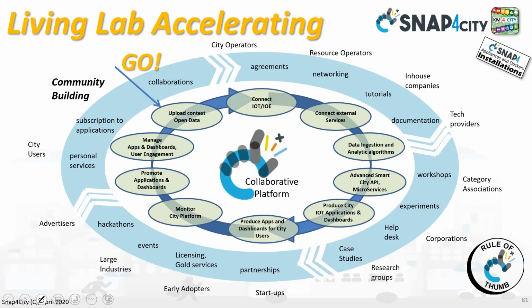So the system allows accelerating, exploiting the mechanism of the living lab, to create a new smart city, or to leverage the smart city that you have with a new level of functionalities and capabilities.